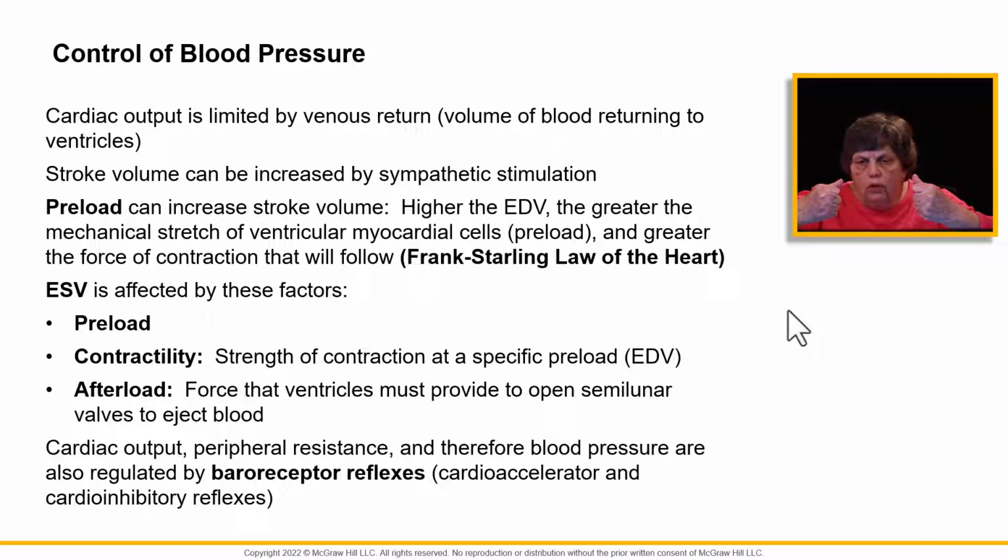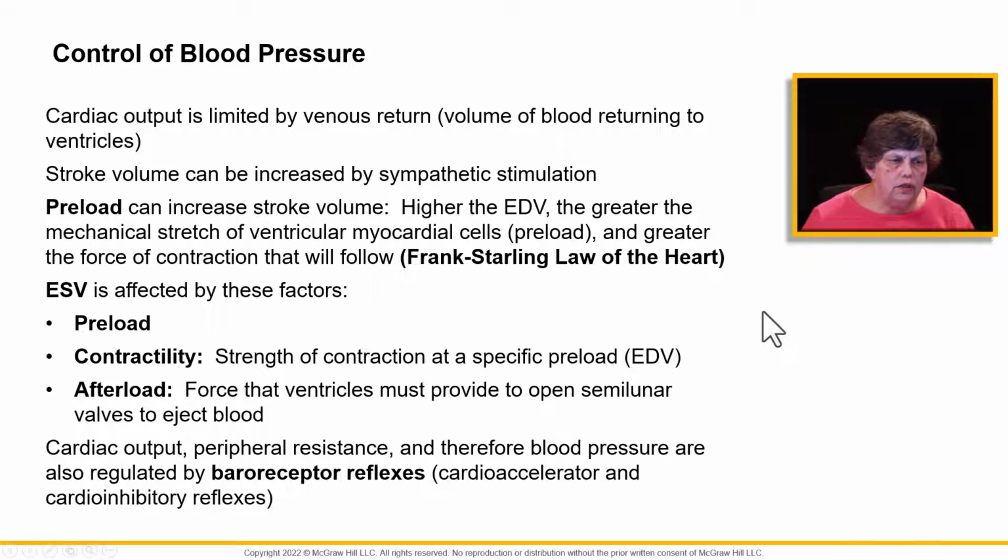The more you pull the rubber band, the harder it wants to snap back, all right? And this is what happens with the heart. So the more the heart is stretched, the more the stretch in the cells, the greater the force of contraction. So think about the rubber band.